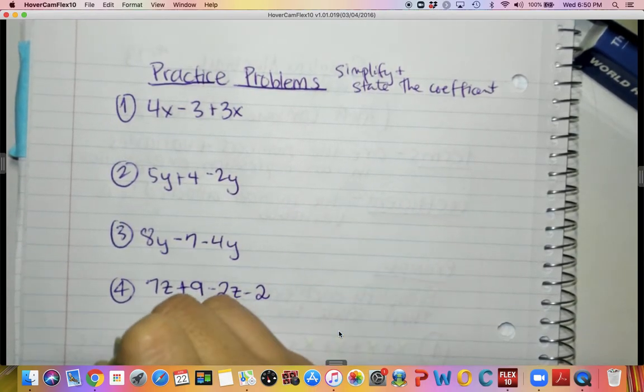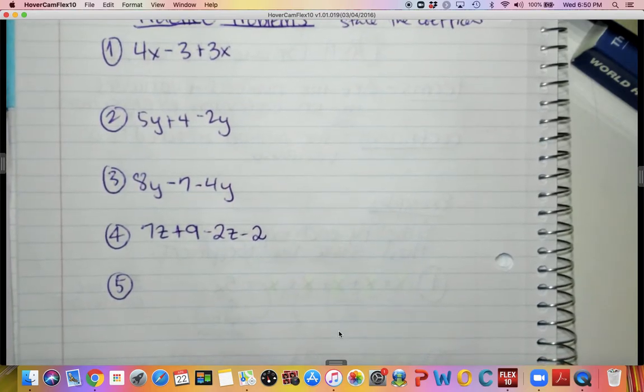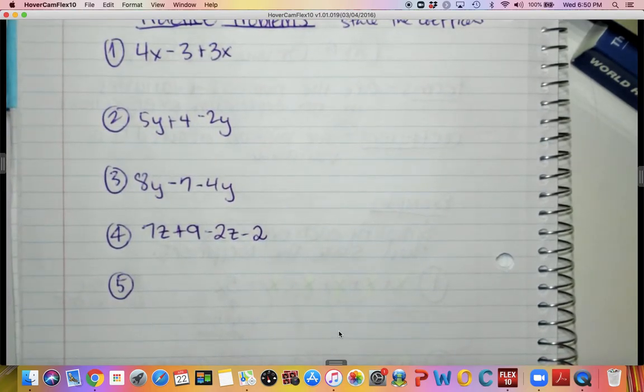minus 2. Also, it's possible that you have more than one variable in an equation, but not till you get into like algebra. And so we'll keep it simple here and keep all the variables the same.